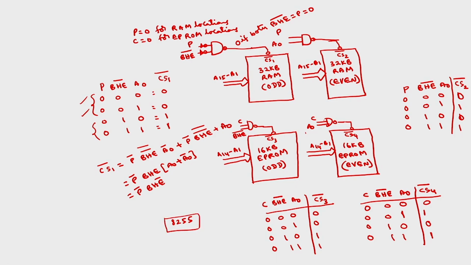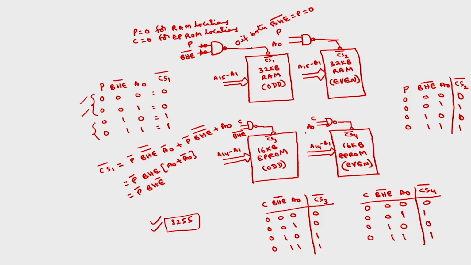There are some special ICs to connect the keyboard and the printer, and we have DMA and different ICs. But the most useful IC for connecting the IOs is 8255. This 8255 I will discuss in the next class.